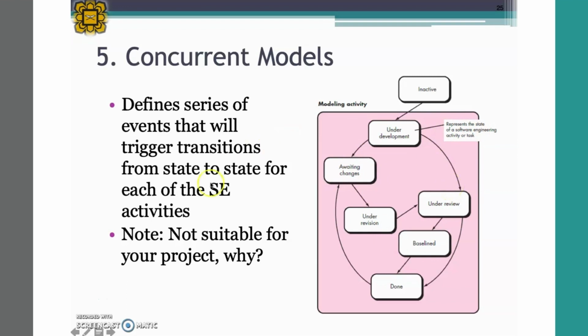It defines a series of events that will trigger transitions from one state to another, from under development to a waiting state. What makes it change from one state to another? But I put a note here that it is not suitable for your project. Why? Because this example is not actually showing what is being concurrently executed, which is not suitable.